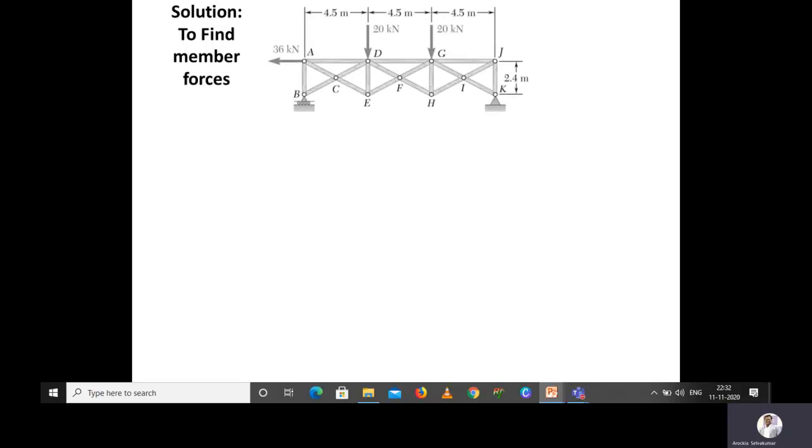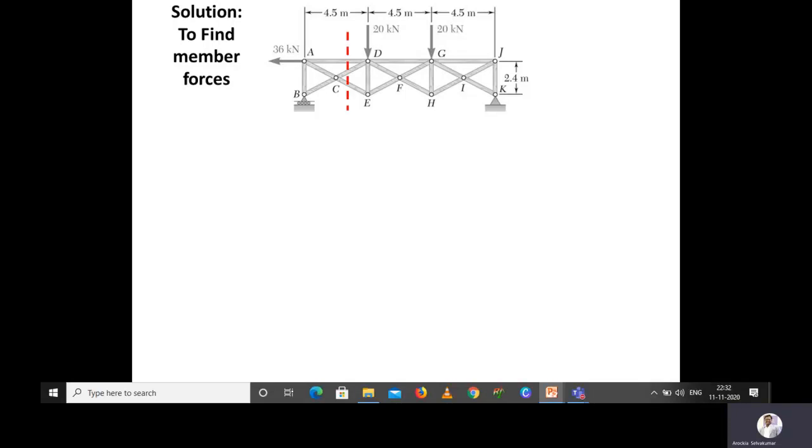So after calculating the reactions, now we are moving to calculate the member forces as per given in the problem. So they have asked us to calculate AD, and then CD and then CE. So the forces which are acting on AD member and then CD member and then CE member, they have asked us to calculate.